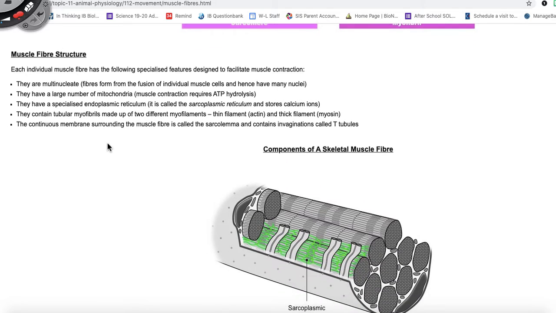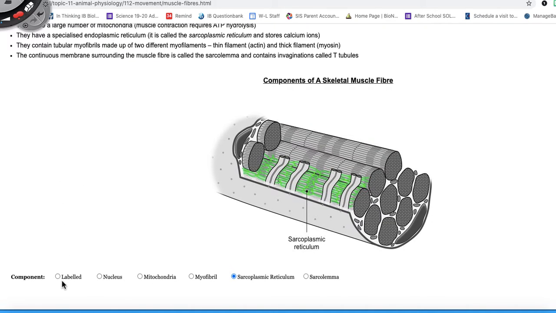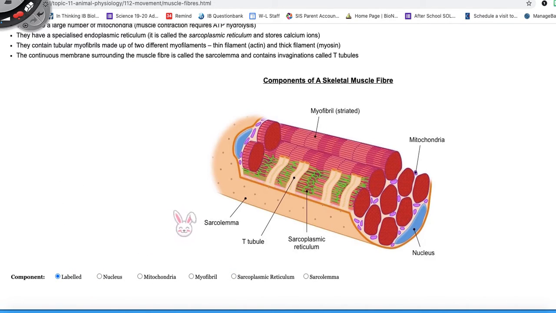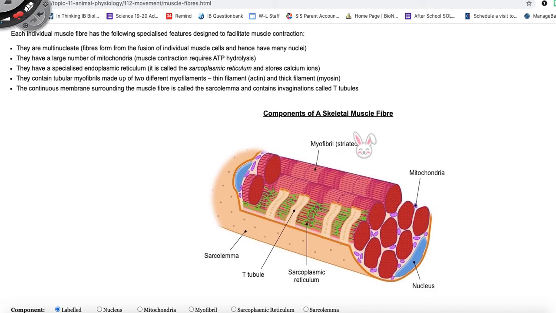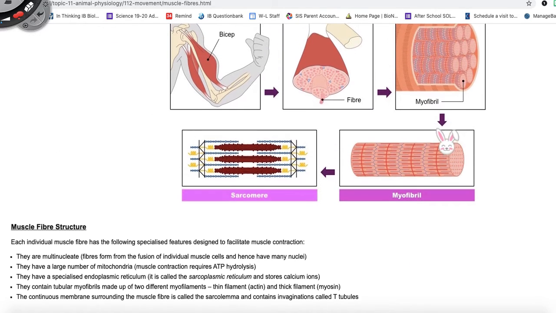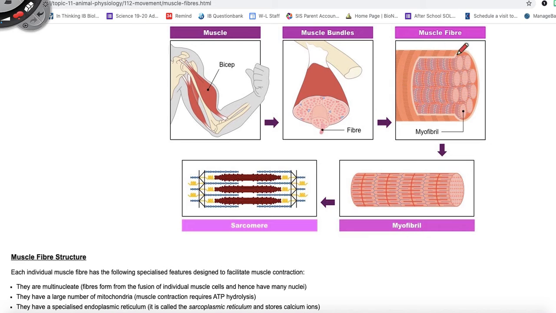Okay, so moving right along, we look at the muscle fiber structure. And I'm actually going to look at the whole labeled structure here. So this is the whole muscle fiber structure. So again, what's the muscle fiber? So the muscle fiber, we're looking at this structure right here, okay?